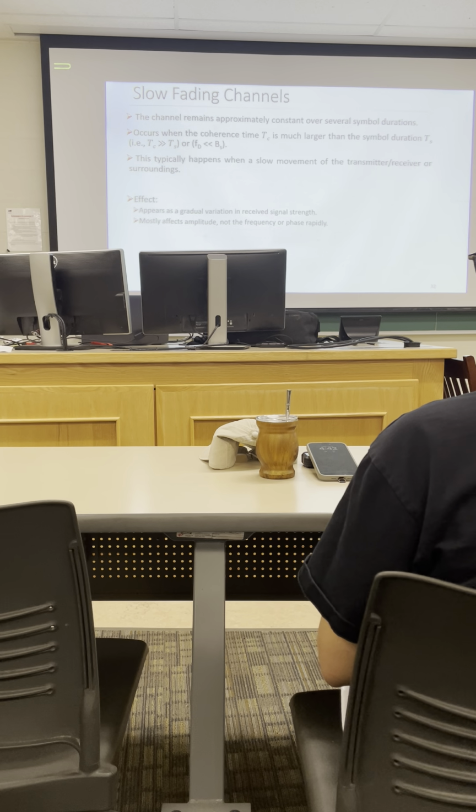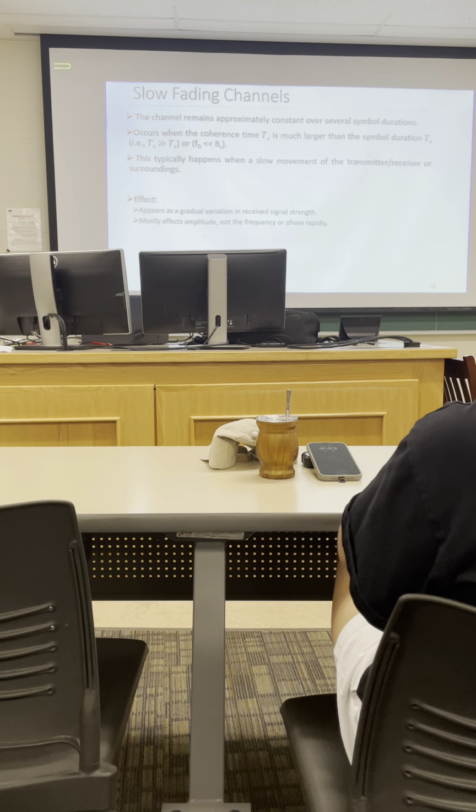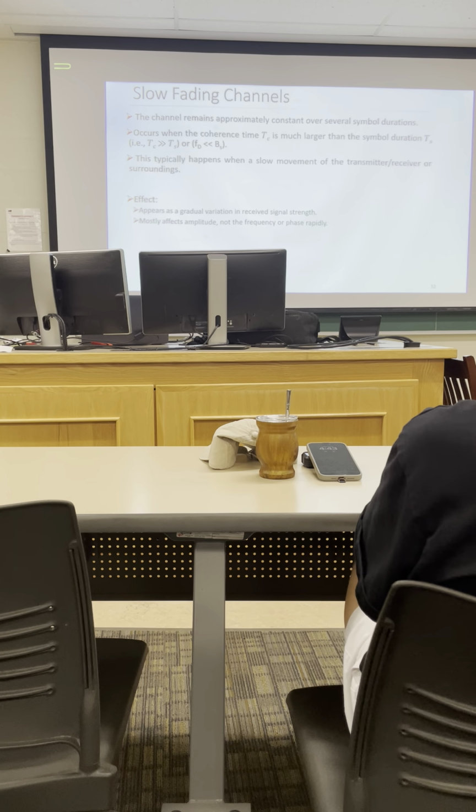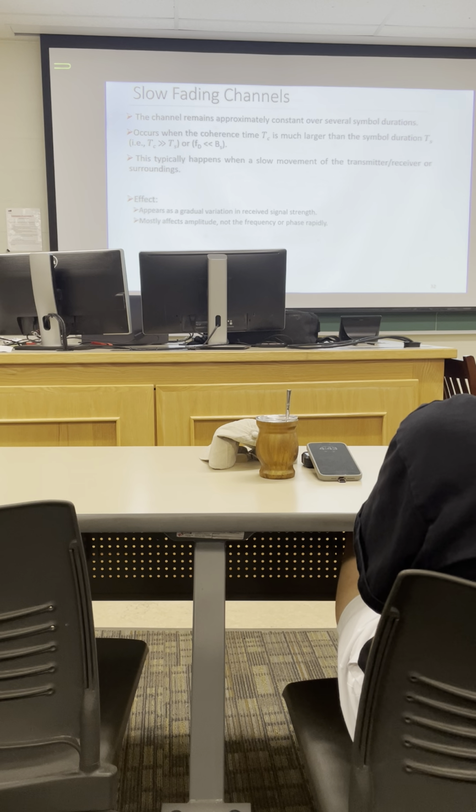So multiple symbols can be transmitted over the same coherence time. Remember the definition of coherence time? It is the period of time during which the statistical behavior is almost constant, almost the same, okay? So during this coherence time, you can send multiple symbols, okay?